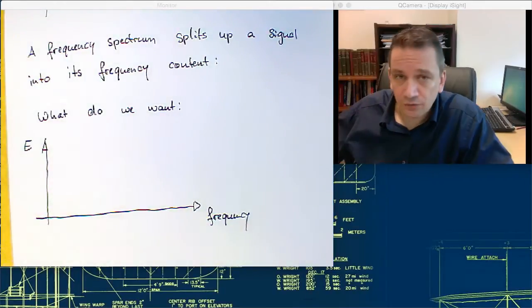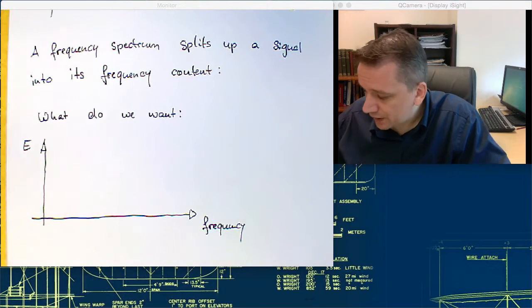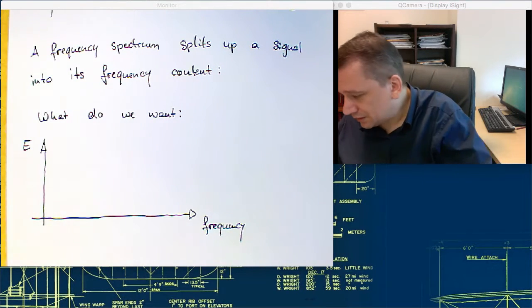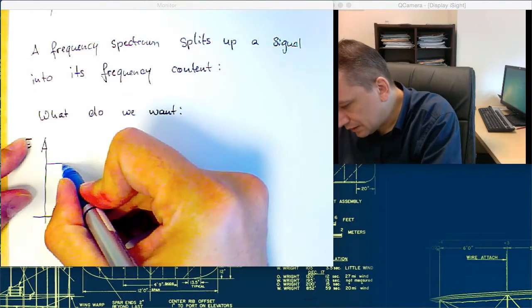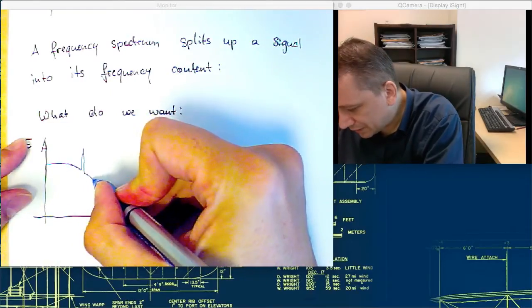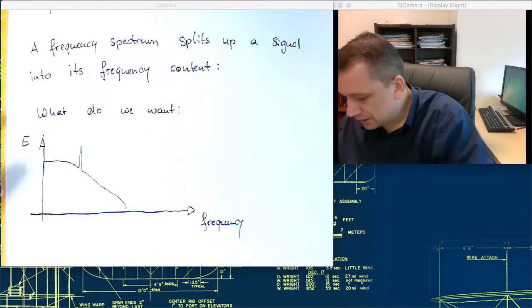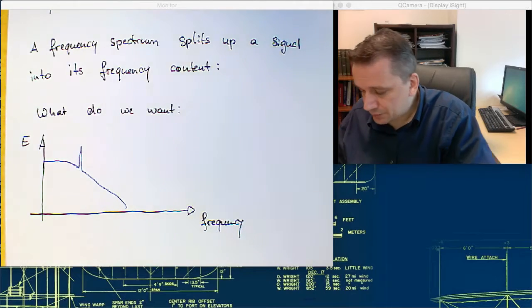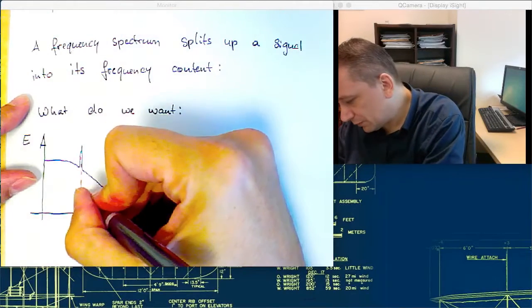So we would like to convert our original signal into this domain, and then let's say a typical energy frequency spectrum might be looking, for example, like this. And then you see here at this point, you have a dominant frequency.